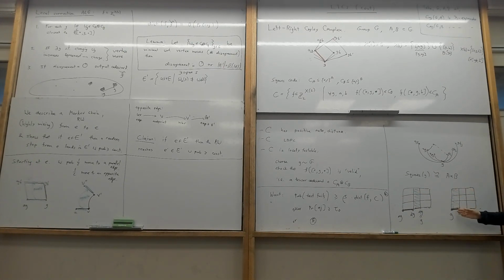Now they share a whole column of squares, and since this is a code word and this is a code word, the fact that they disagree in this column means that it's a code word in the tensor code, so the string just in this column is a code word in CB. Right, so basically they disagree on a code word in CB.